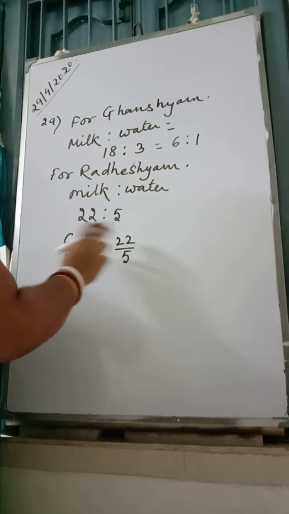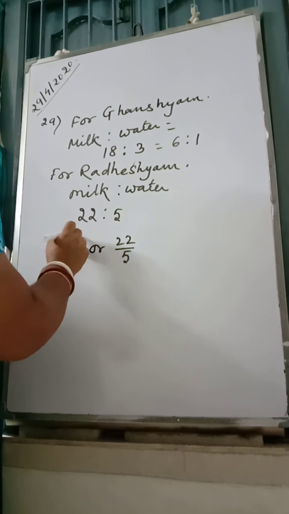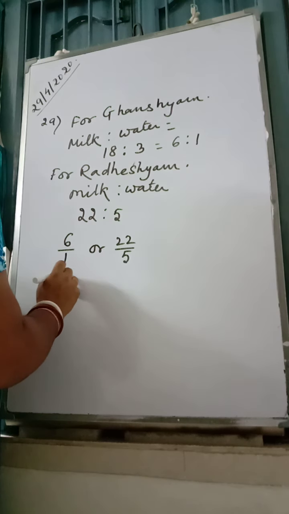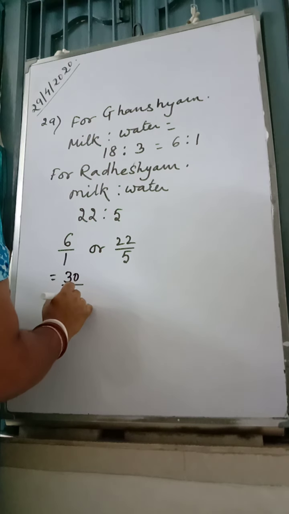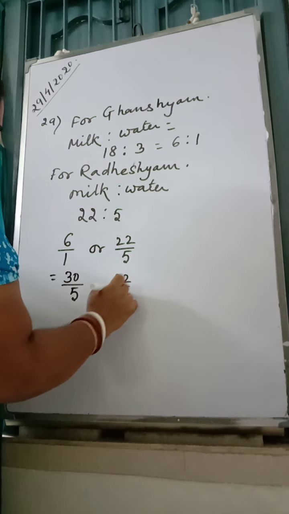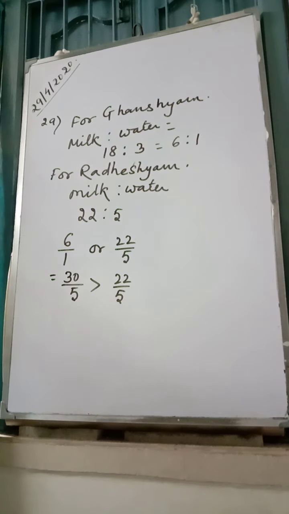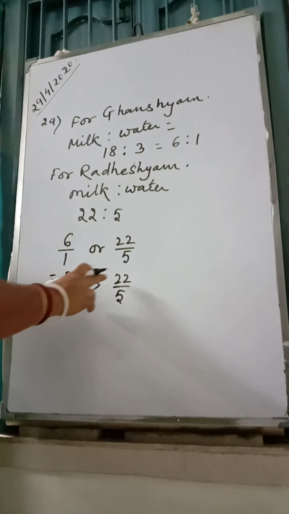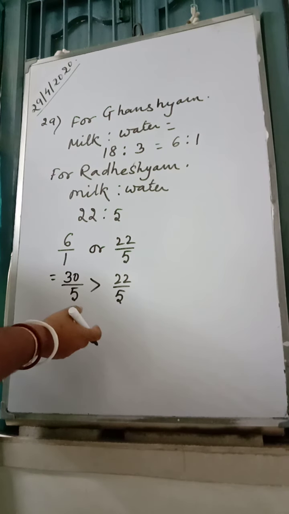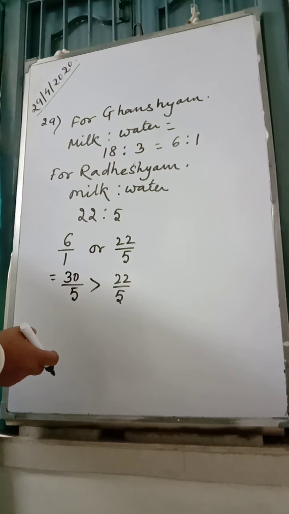Now to make it equivalent, what we have to do? It can be 30 by 5 or 22 by 5. So in 30 liter, he is adding 5 liter of water, and in 22 liter, 5 liter of water. So who is adding more?